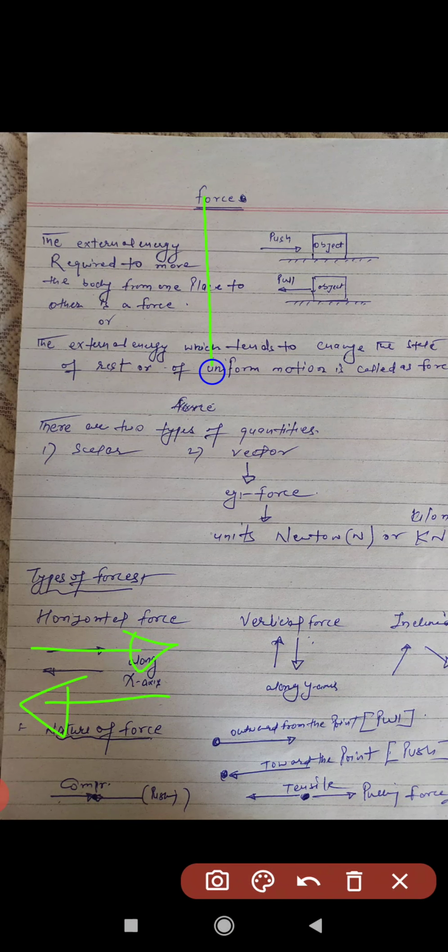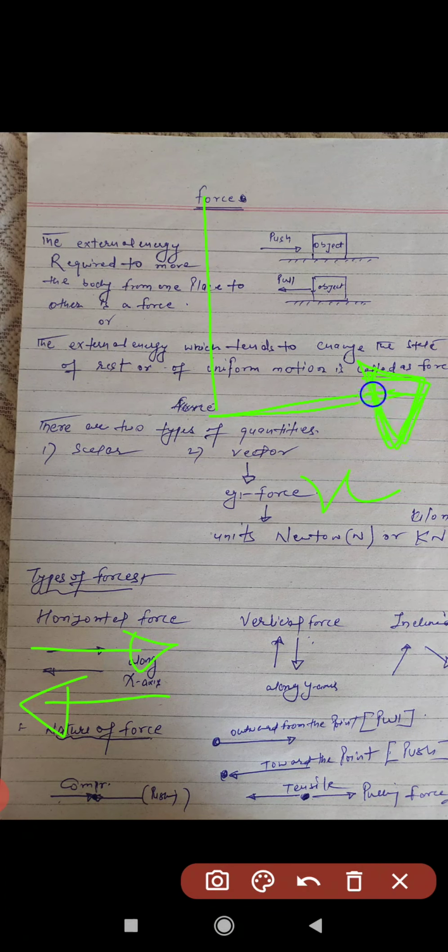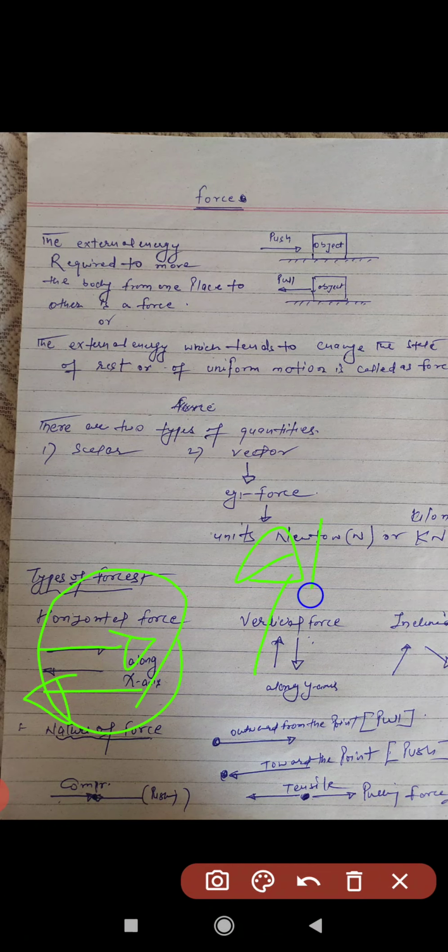We generally suppose this axis to be the x axis, and this the y axis. The vertical we call the y axis, and the horizontal axis we call the x axis. Forces along the x direction we call horizontal forces. When forces are in the vertical direction, upward or downward, in the y direction, we call them vertical forces.